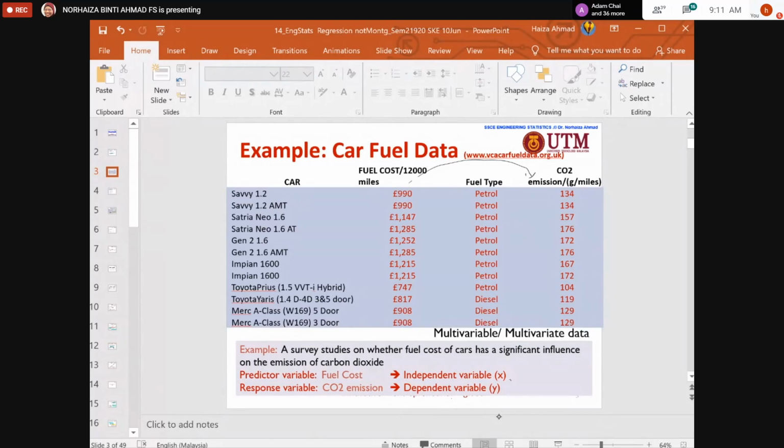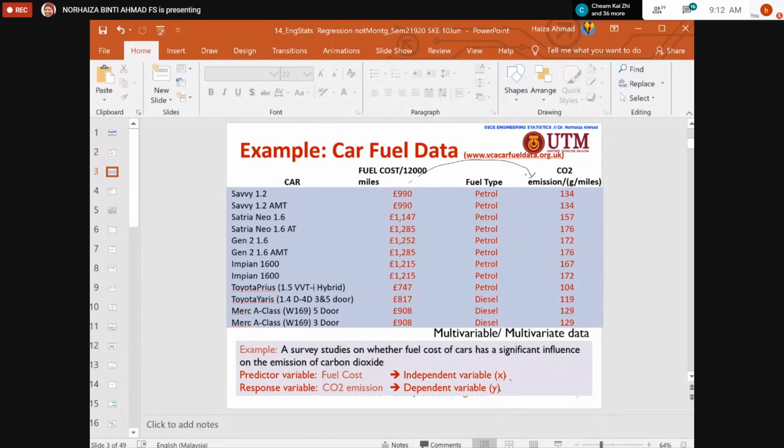Conventionally, in a two coordinate axis, we define the independent variable to be on the x-axis, so we write x here, and the dependent variable is on the y-axis.